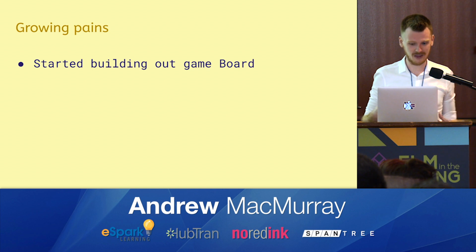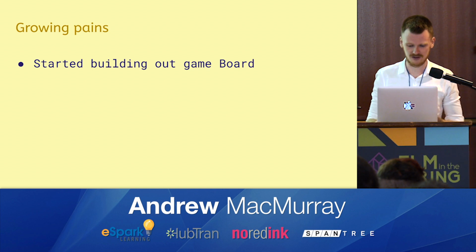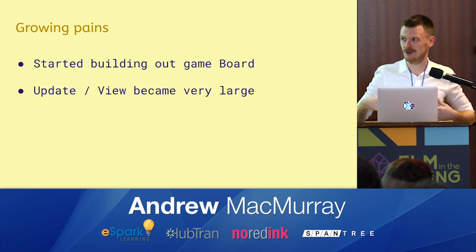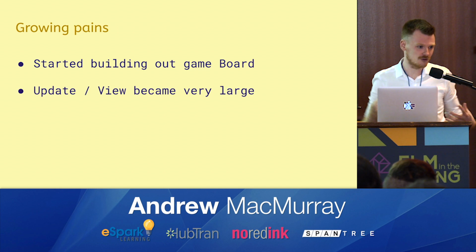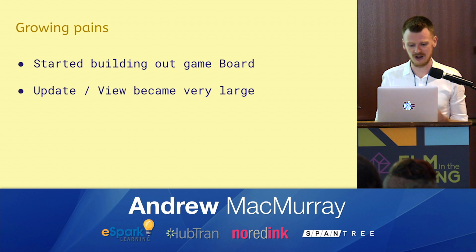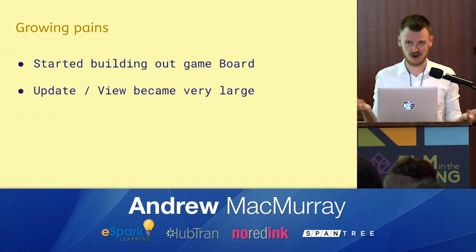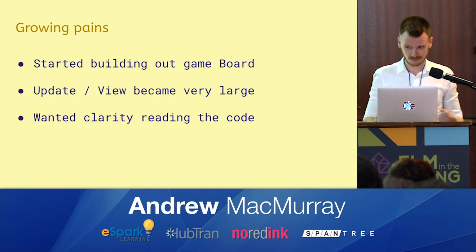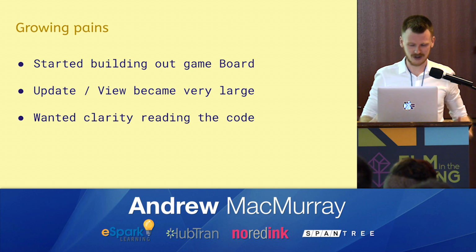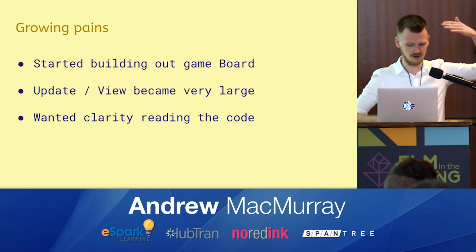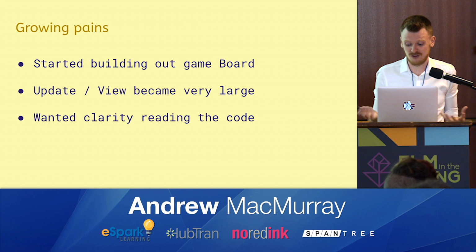So when I started the Elm version, I just started with the board, building out the functionality around that. But then as I wanted to add things like the intro screen and the hub view, the update, the view, our model got very large. And I actually started to find this quite stressful reading the code. These enormous files, and I just wanted a bit of clarity.